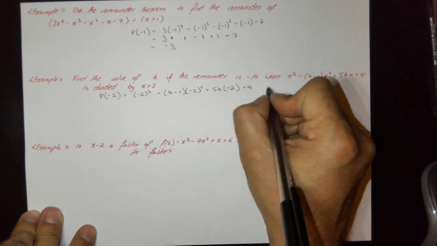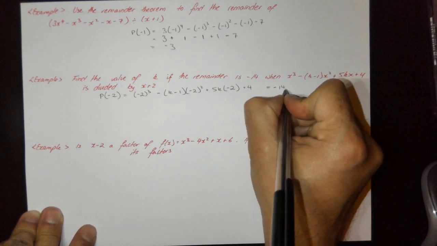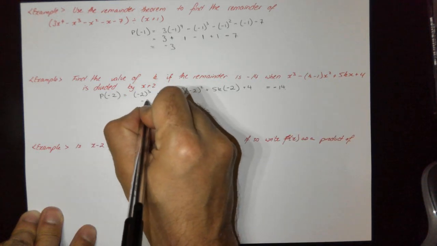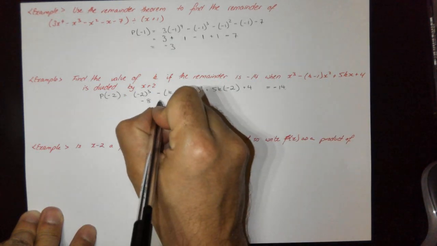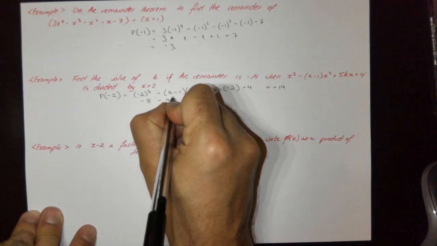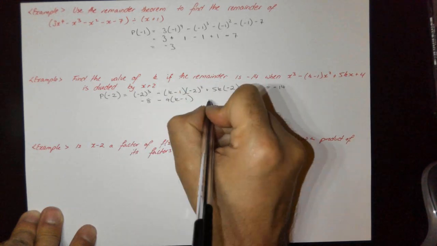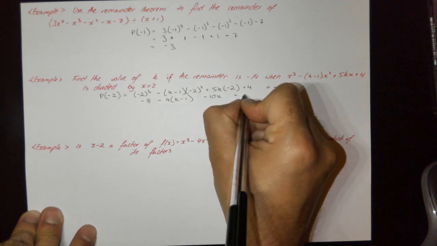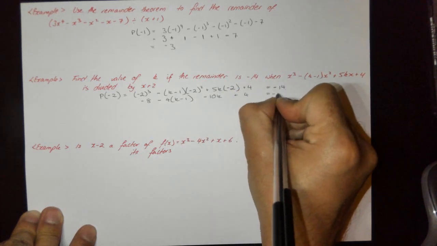Now this whole thing equals negative 14. So let's just clean this up. Let's be 8, 4k minus 1, minus 10k plus 4 equals negative 14.